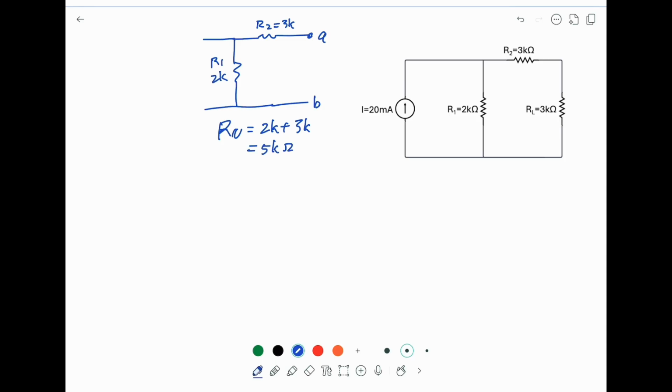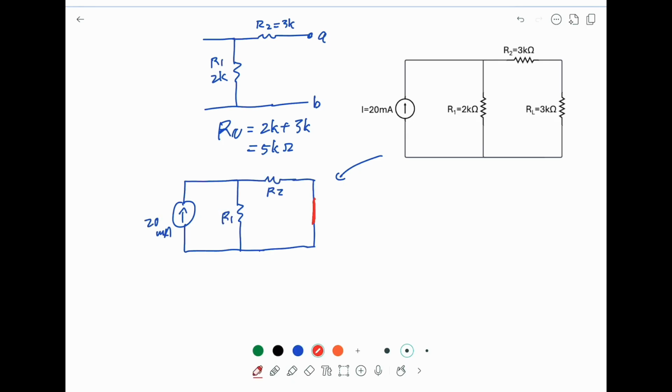Next, we have to find the Norton equivalent current source. Now we are going to replace the RL, the load resistor, by a short circuit. So the Norton equivalent current is the current passing through this part. And you can see we can apply the formula for the current divider to find the IN.